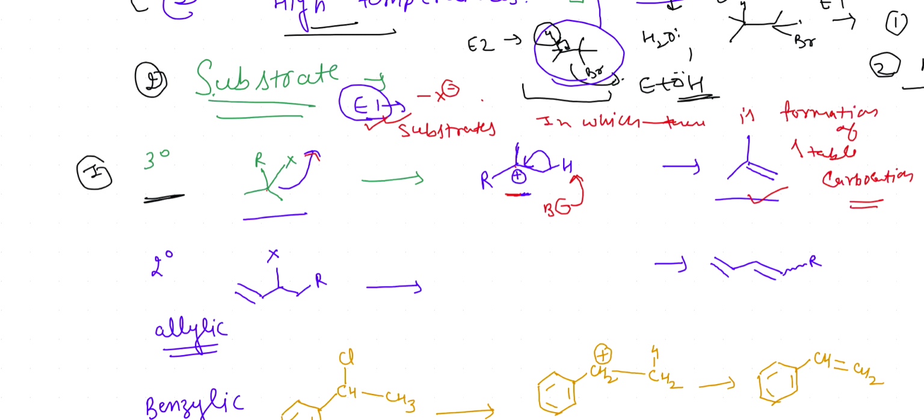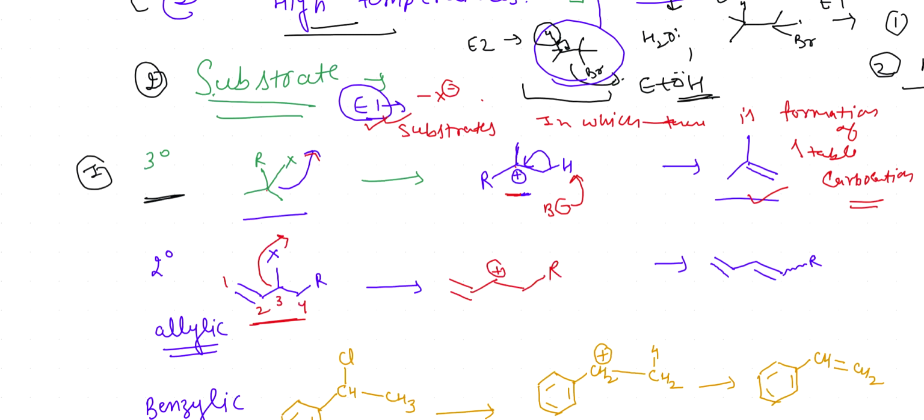See, look at the next example. In this, we have been using allylic halide. 1, 2, 3, 4. So this is allylic halide. So if the leaving group is removed from here, then it will form a carbocation. So this carbocation can be stabilized. How?